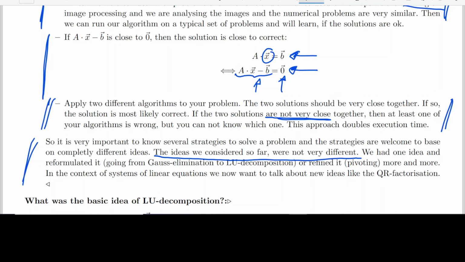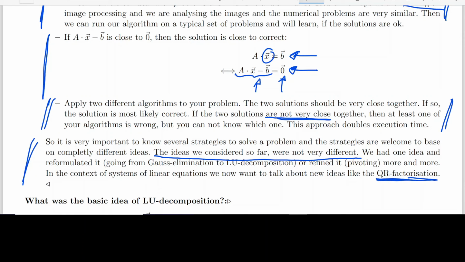We had one idea, Gaussian elimination, and then we reformulated or made little improvements, really little improvements, and so we went on from Gaussian elimination to LU decomposition, and we ended with LU decomposition and total pivoting. The next thing we will do is the QR factorization.